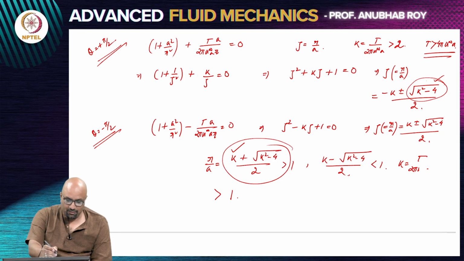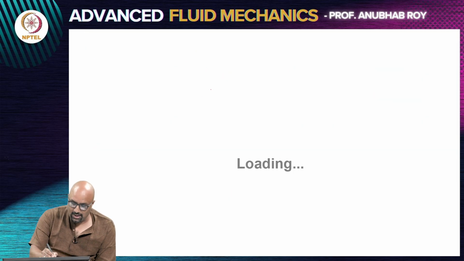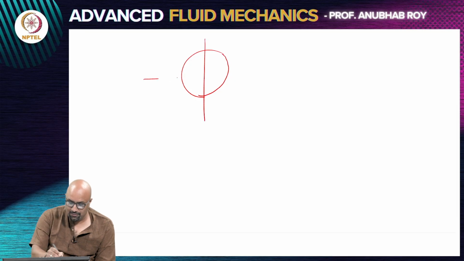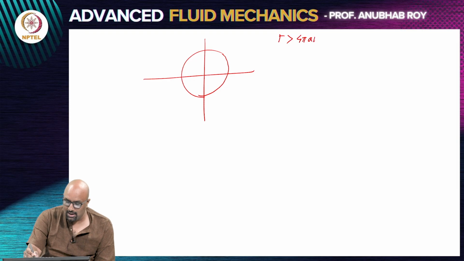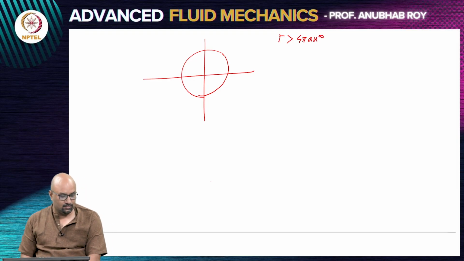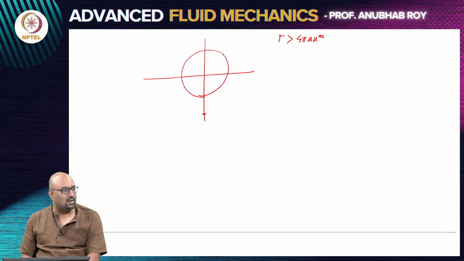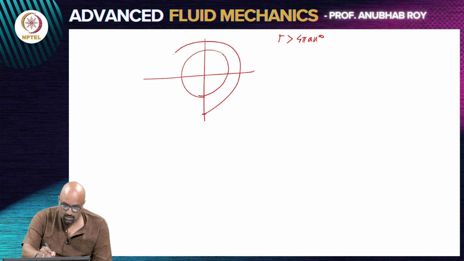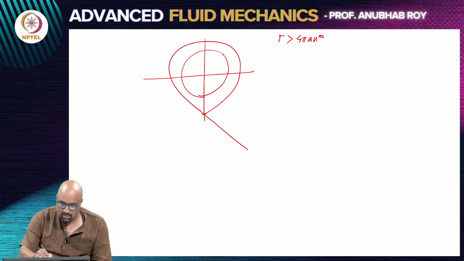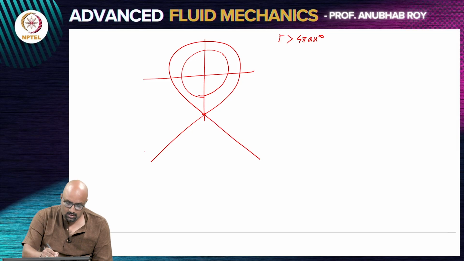So, the summary of all of this is that for gamma greater than 4 pi a u infinity, there is going to be a stagnation point at theta equals minus pi by 2, which is away from the circular cylinder.